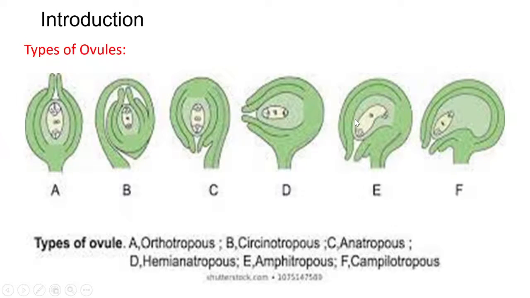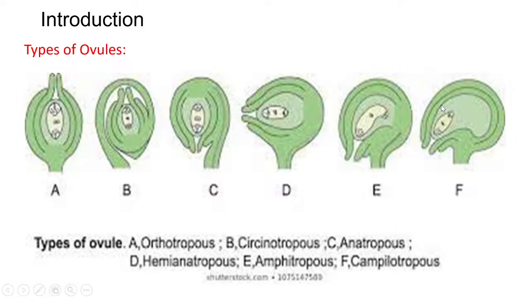Now here the micropyle is somewhat bent but not such as anatropous and embryo sac becomes downward direction, funiculus is straight and chalazal end becomes in this side.